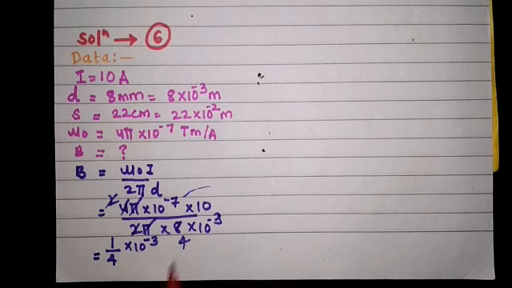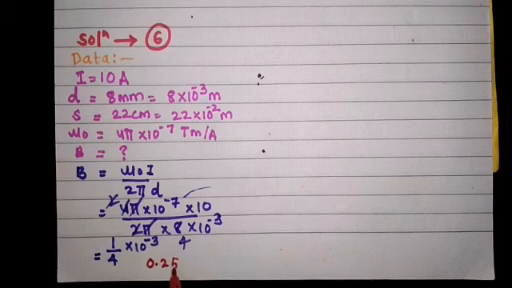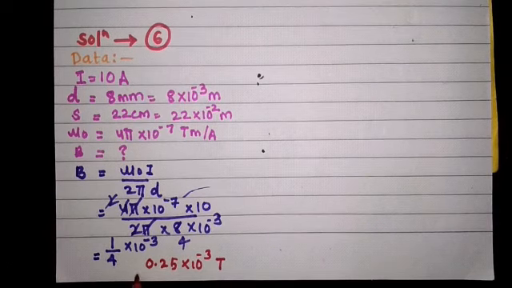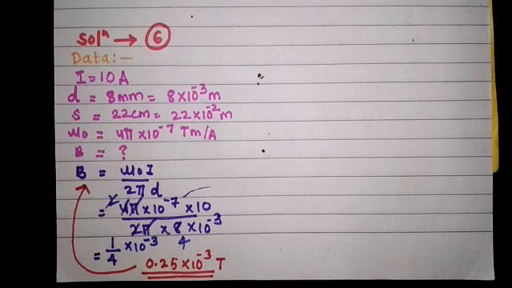So 1 upon 4 is nothing but 0.25 and the remaining is 10 raised to minus 3. As it is the magnetic field, the unit will be Tesla. So this is the final answer for the magnetic field, that is B.